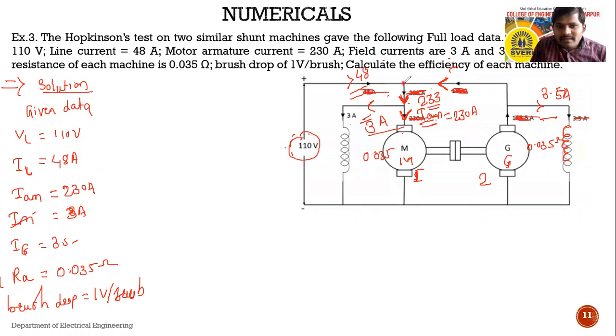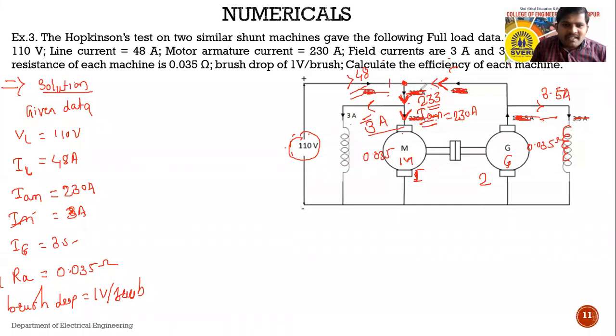See again, here it is a nodal point. The sum of incoming current is equal to the sum of outgoing current, or we can write the KCL equation: the summation of all the currents meeting at a junction point is equal to 0. This outgoing current is 233, and this one is the incoming current 48.